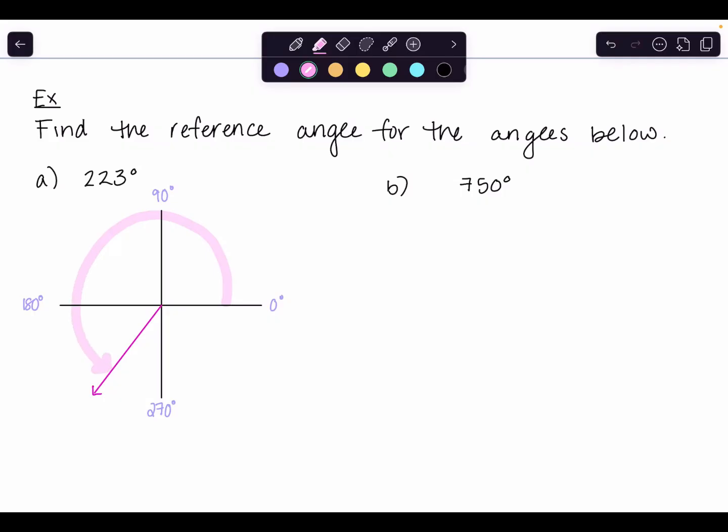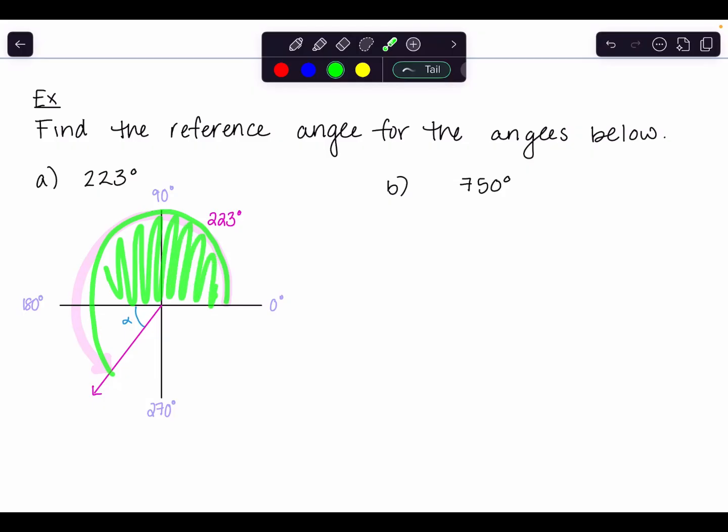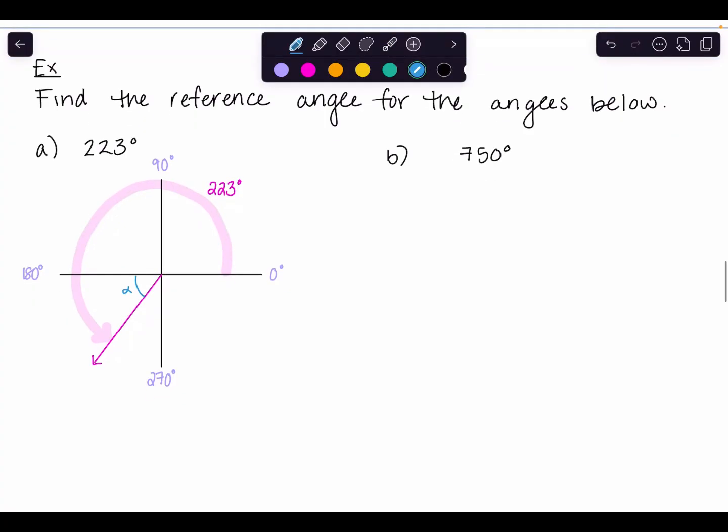So this is 0 degrees, 90 degrees, 180, and 270. So this is good. If I look at 223, it's somewhere in between here. So I draw the terminal side of my triangle. And then again, my full angle would be starting at 0 and going here to 223. My reference angle is just an acute angle. So this is alpha.